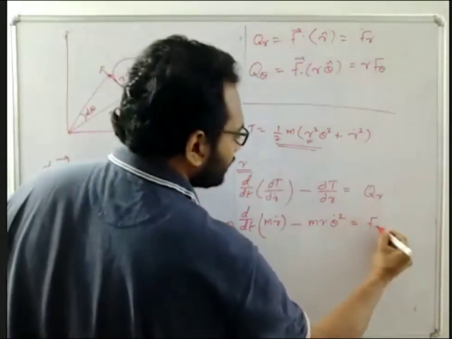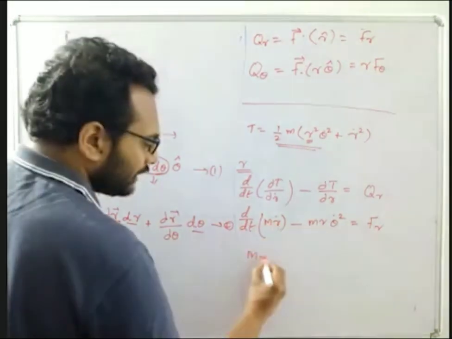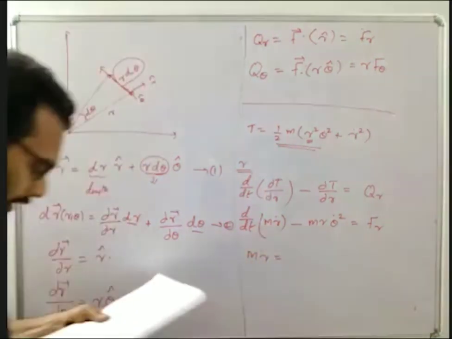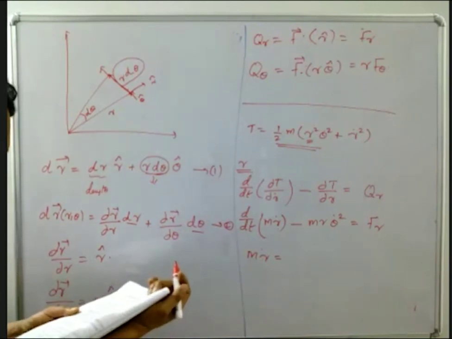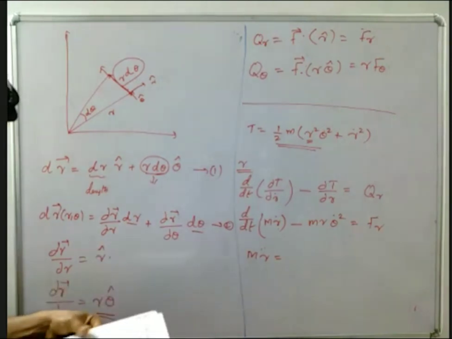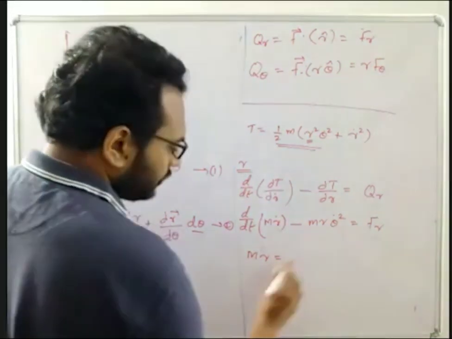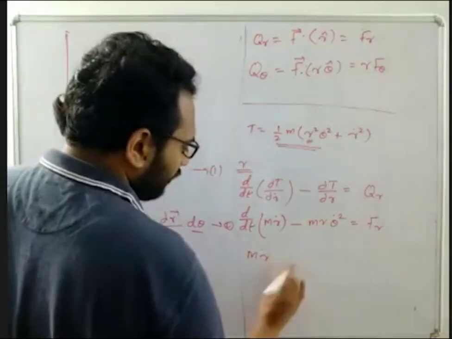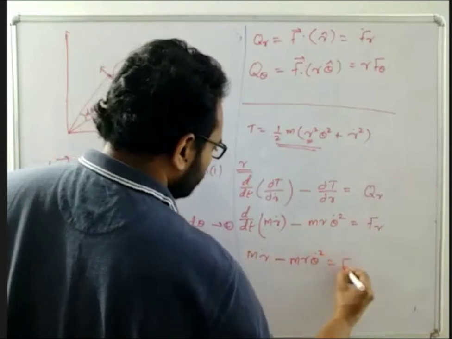What was Q_r? It's F_r. Taking the derivative here, you can rearrange m r double dot. Let's write it like this: m r double dot minus m r theta dot square is equal to F_r.